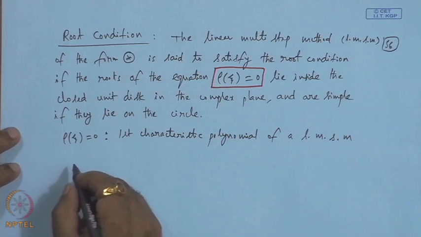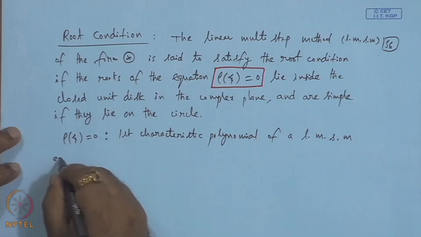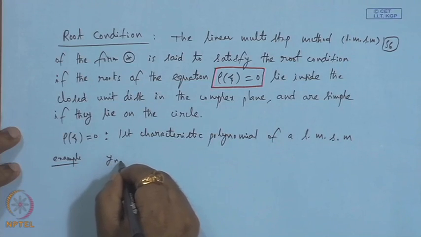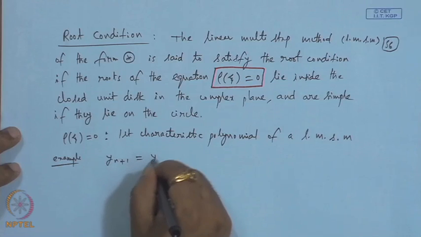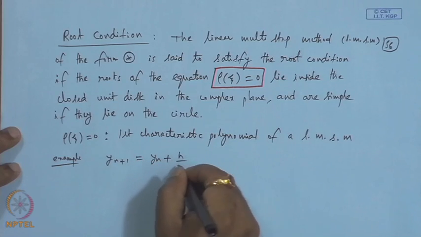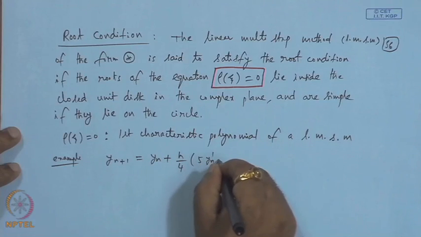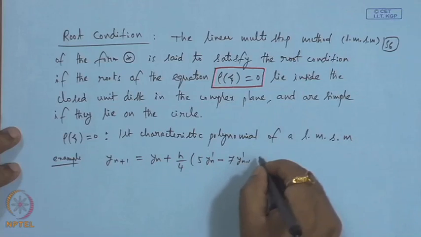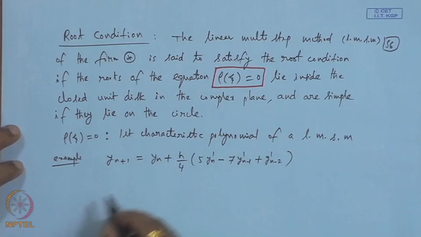We have seen some examples, and again we will see y_{n+1} = y_n + h/4 (5 y'_{n-1} - 7 y'_{n-1} + y'_{n-2}).